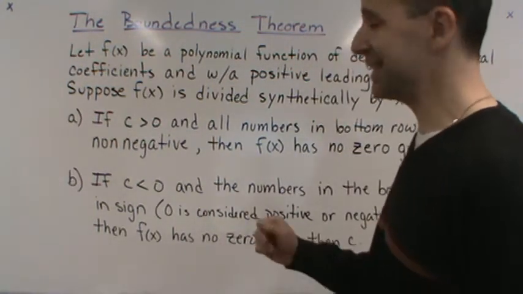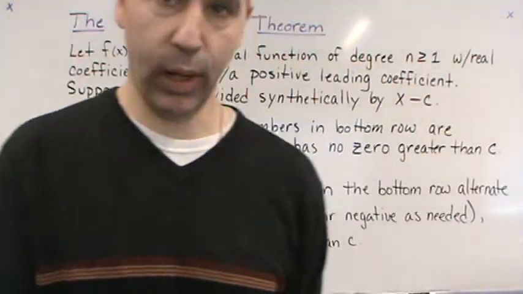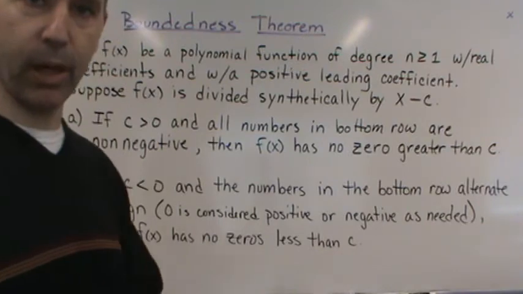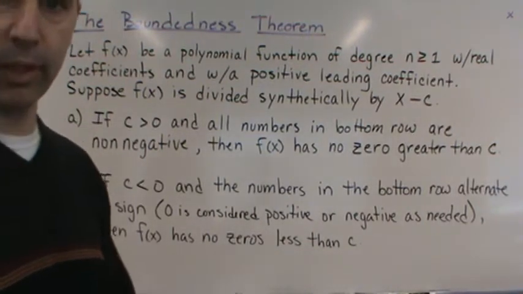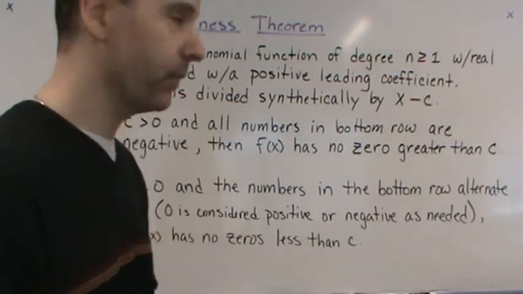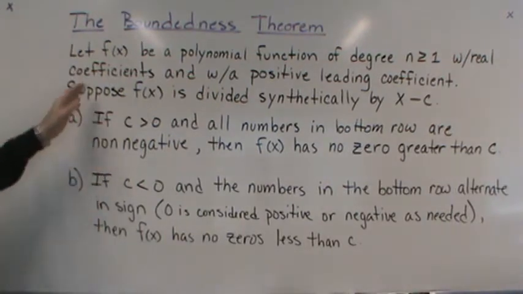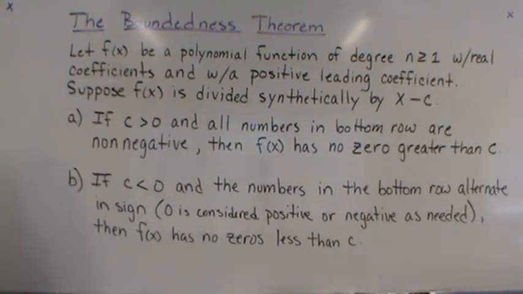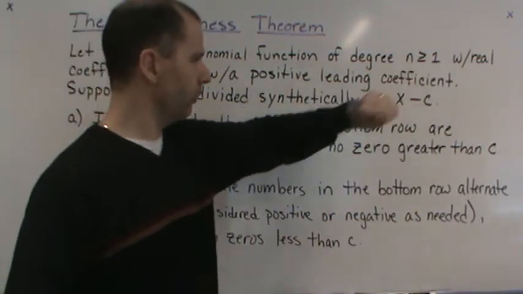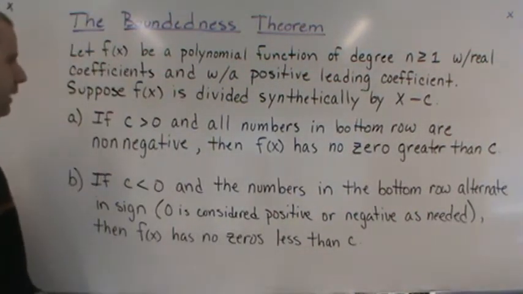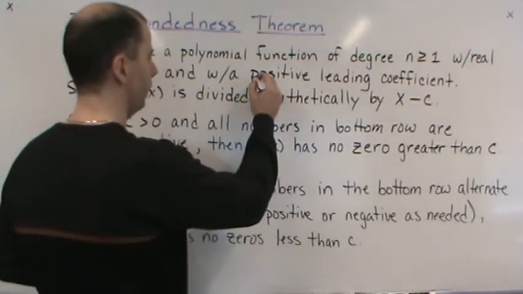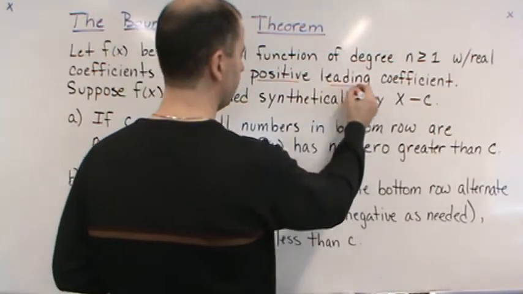So the boundedness theorem is used exactly as I just said. It's used to determine whether there exist zeros above a certain number or below a certain number given certain conditions. It says here we're starting with a polynomial function that has a degree of 1 or more, with real coefficients and with a positive leading coefficient.